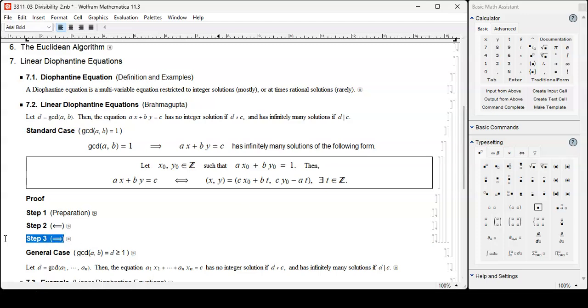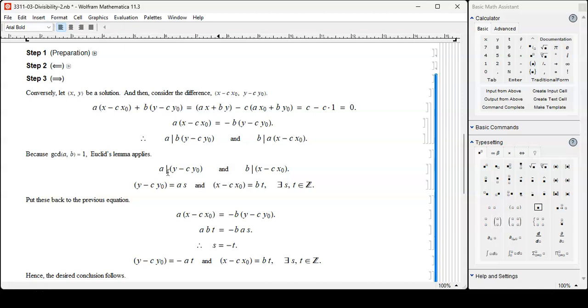Now, the proof of step 3, even if you cannot reproduce it, it's going to be okay because it was a challenge, you see. Getting this homogeneous equation, something equal to 0, that's not outrageous. That's something we do a lot in linear algebra and differential equations and whenever we have linear equations.